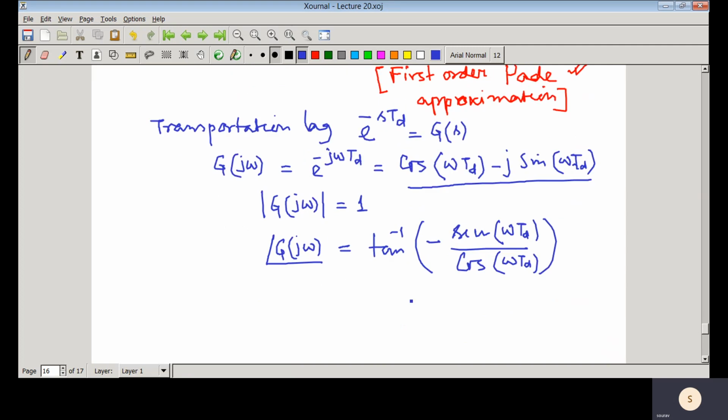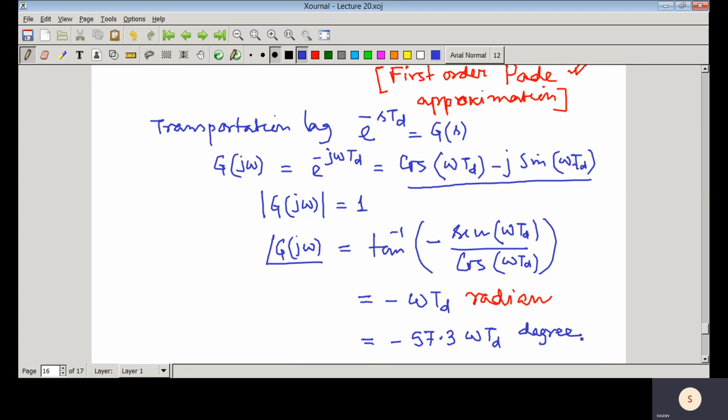So you will get it as minus omega Td, and here you can see that it is coming in radian. If you want to get it in degree, that would be minus 57.3 omega Td in degree.